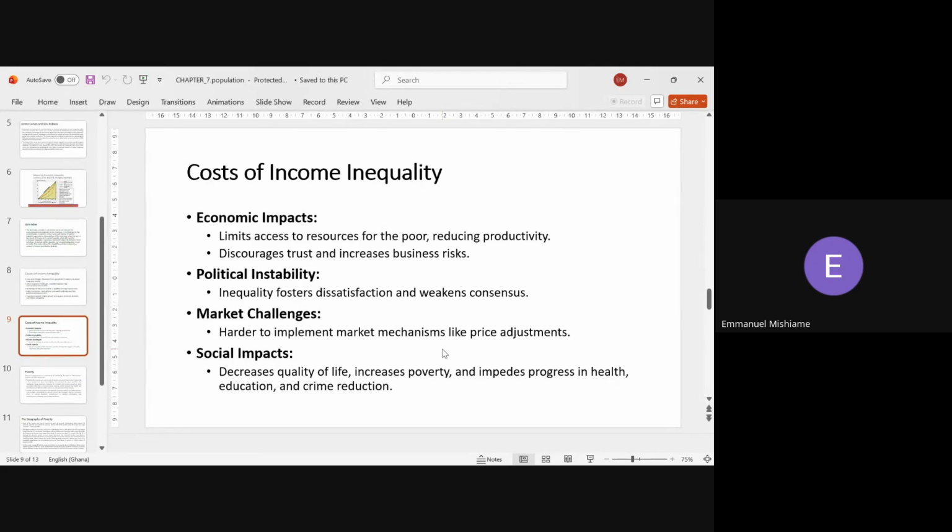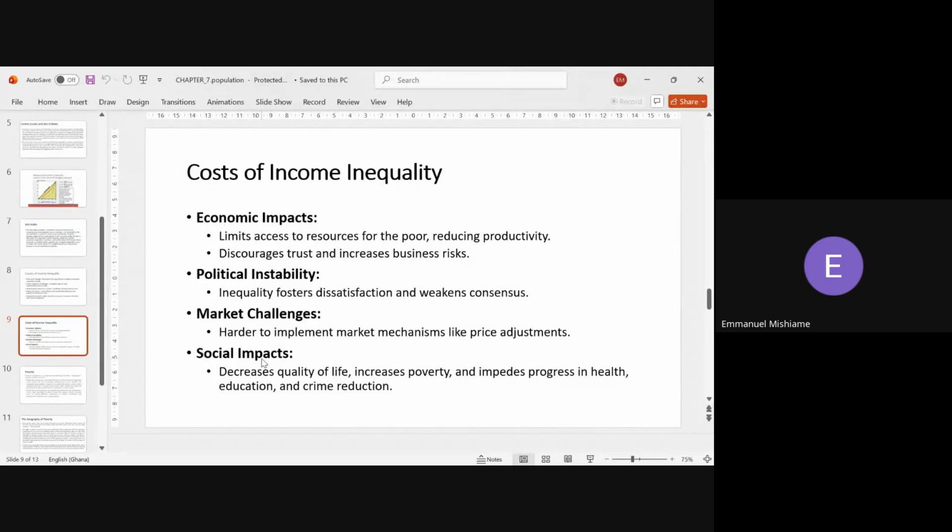And so it will be difficult to properly adjust because more people are earning less. And if you are earning less, it means you are going to consume less. Is that okay? So that is a problem that is also created: the inability to implement price adjustment in terms of pegging the price at an affordable rate such that poor people can afford, and rich people can also afford.